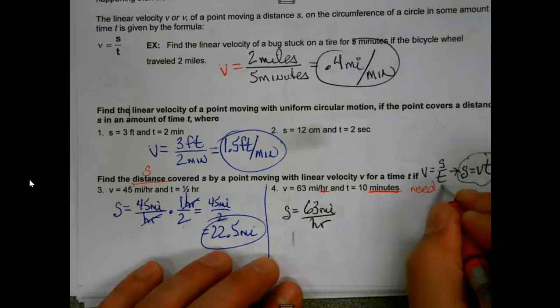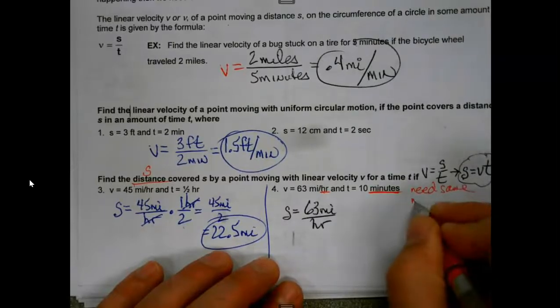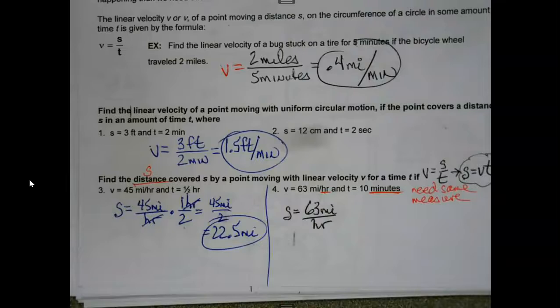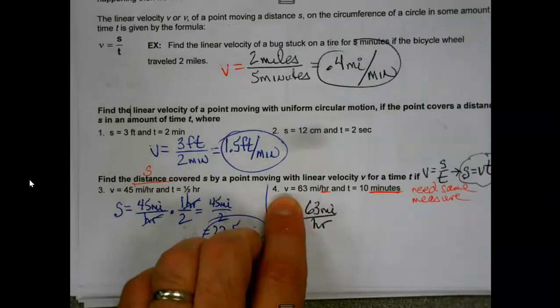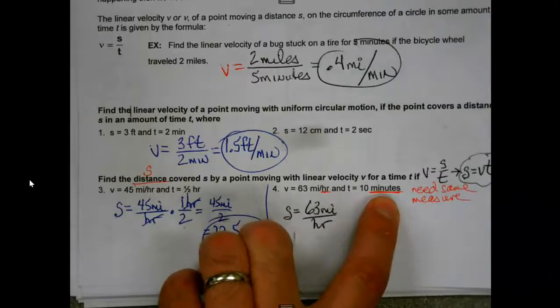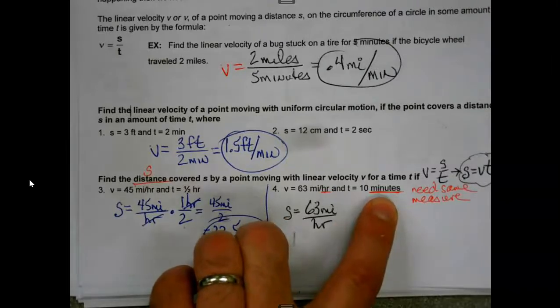You need the same measure, whether it's your distance or your time. Hours and minutes are not the same thing. So typically, if your linear velocity is in hours, we're going to put this into hours.